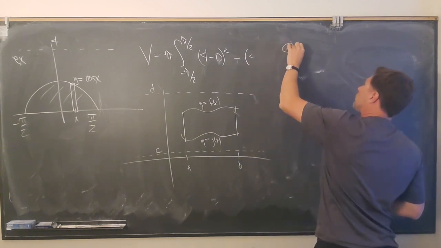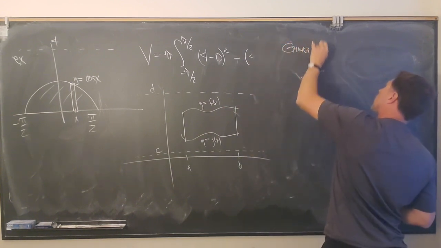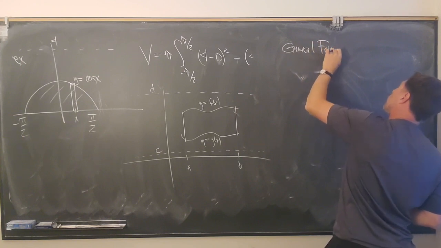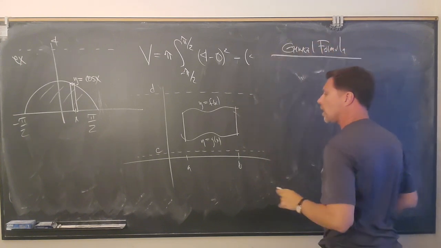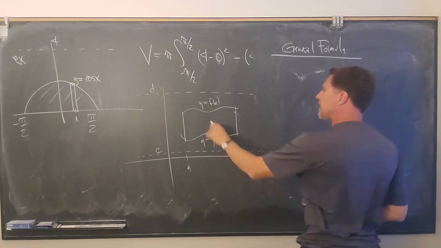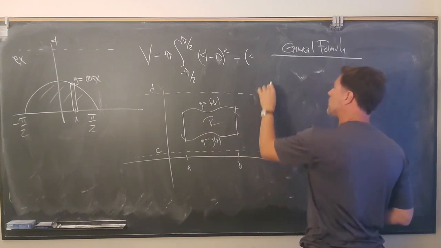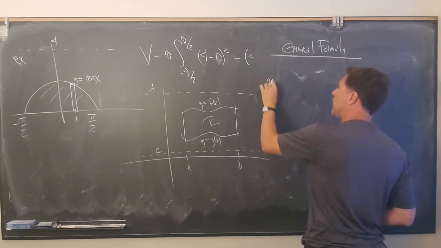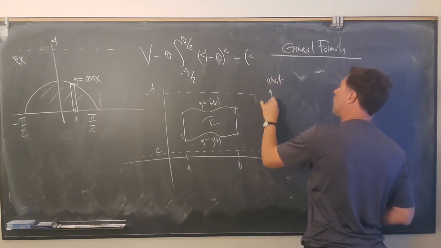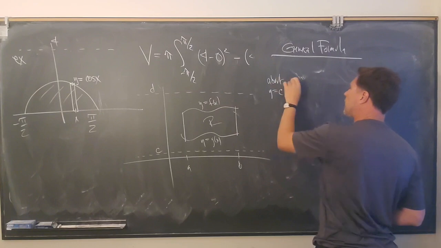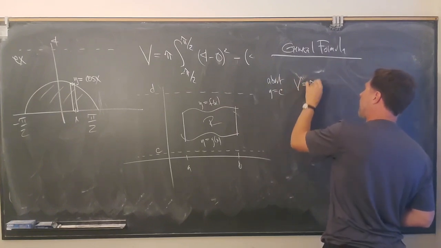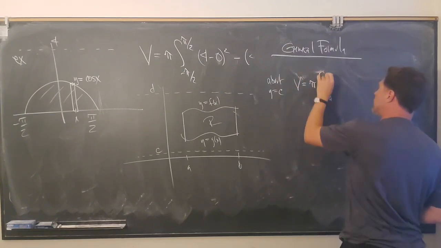So, general formula. If we take this region R and we revolve about the line y equals c, what we get is volume is going to be pi integral from a to b.